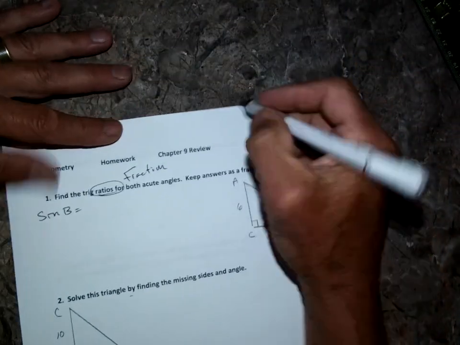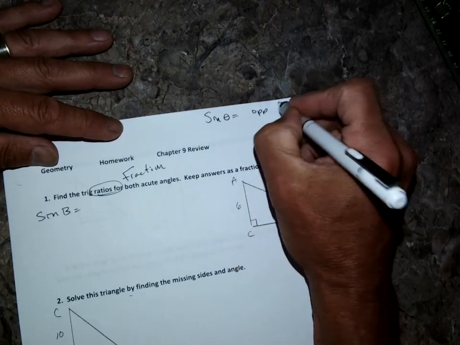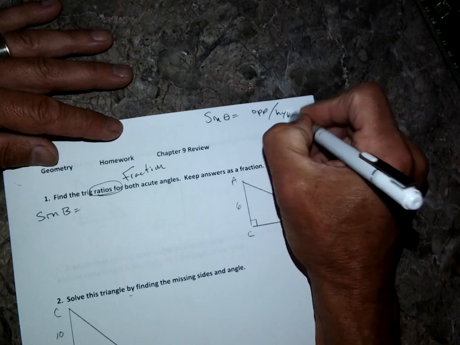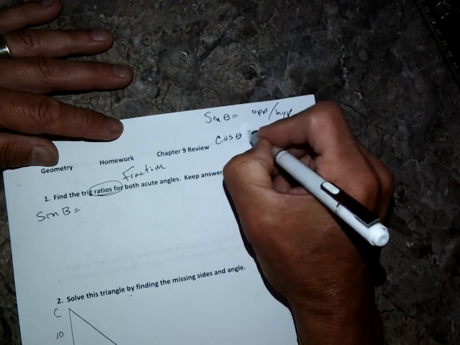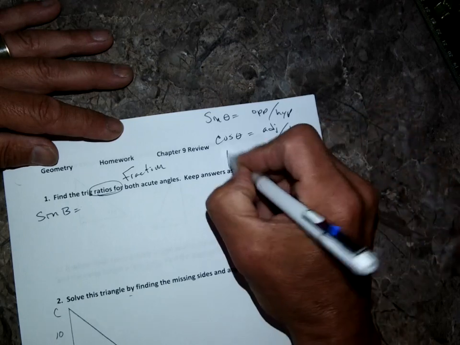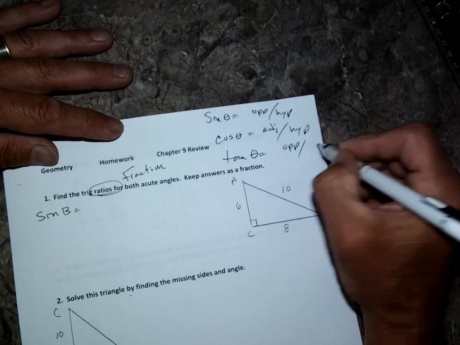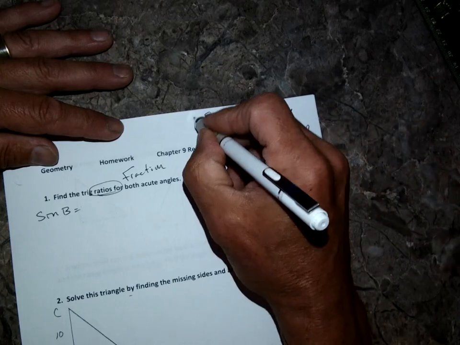Let's write those down. Sine theta is opposite over hypotenuse, right? Cosine of theta is adjacent side over the hypotenuse, right? And tangent of theta is simply the opposite over the adjacent, okay? And have those written down somewhere.